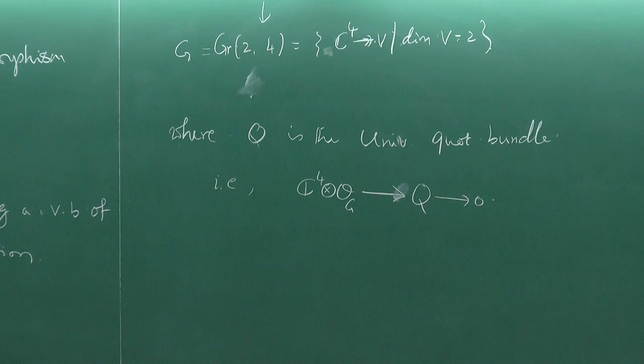Conversely, if you have a morphism, you can pull back and get a quotient like that.